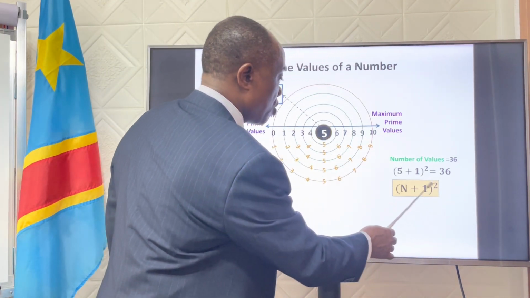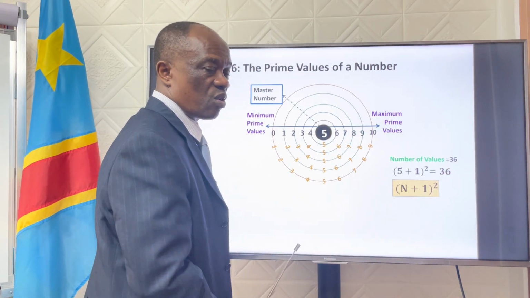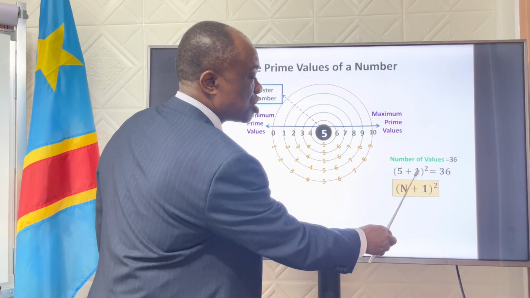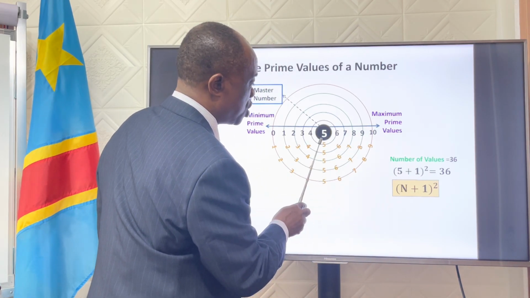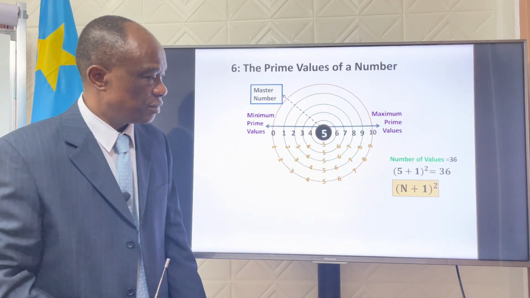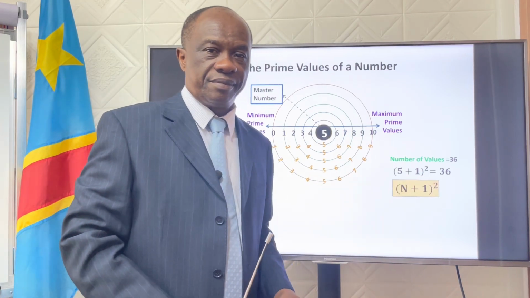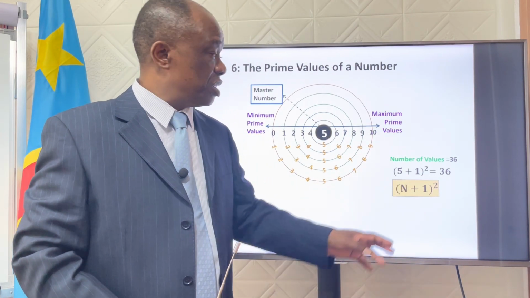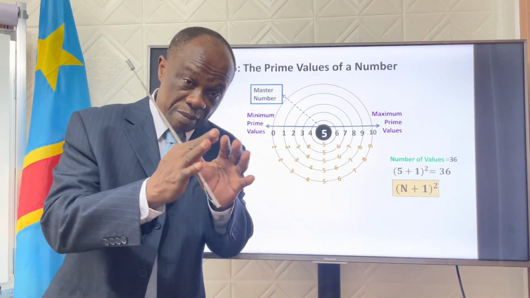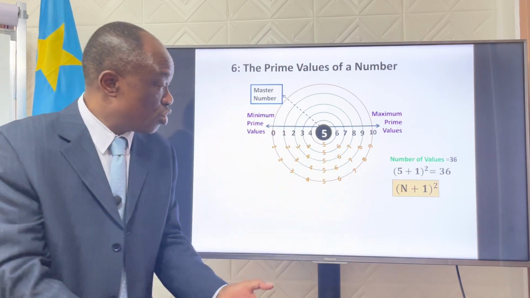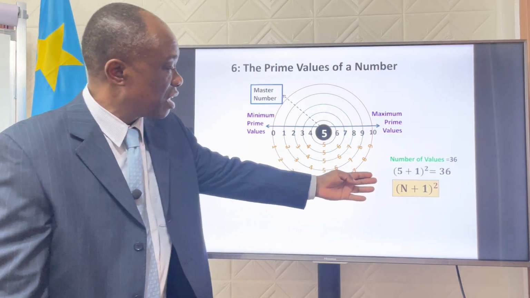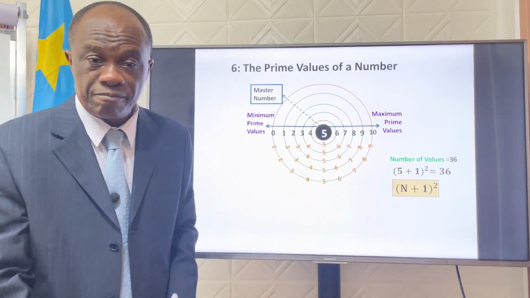To calculate the 36, we have to get the number of levels, which are 1, 2, 3, 4, 5, 6, squared. So to get the number of possibilities to use number 5, we just get 5 plus 1 squared.